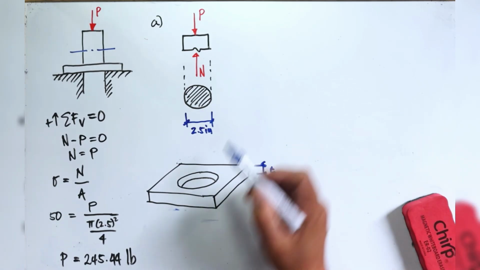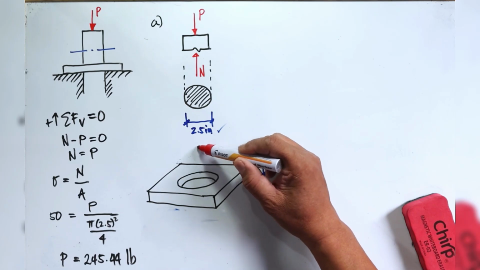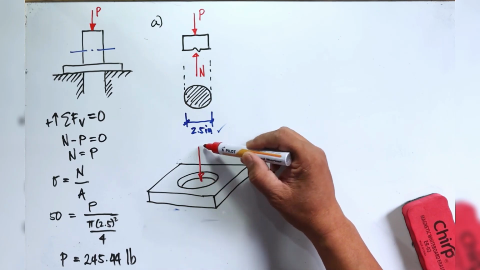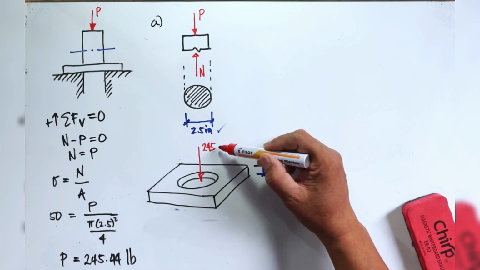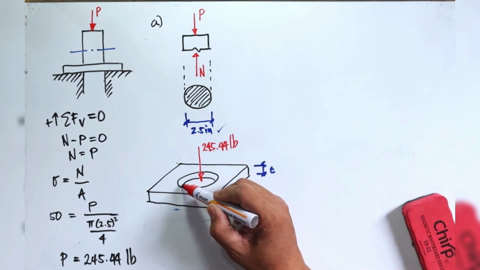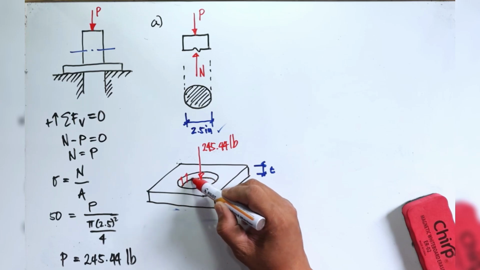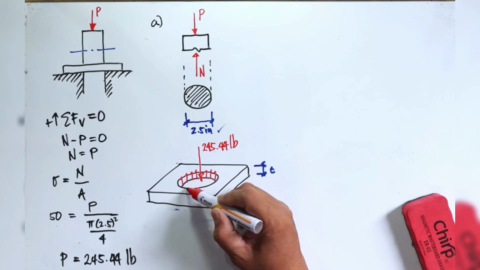The diameter, of course, is 2.5 inch. And then there's a load P equal to 245.44 pounds. And it is going to be resisted by the shear stresses here.